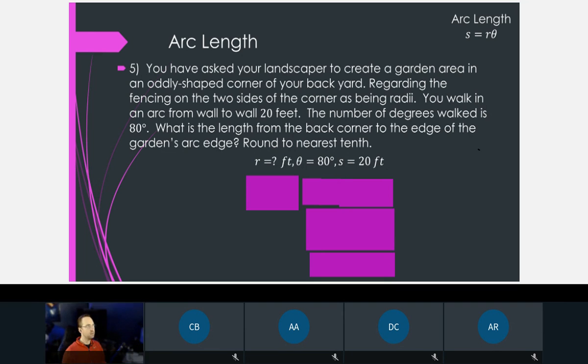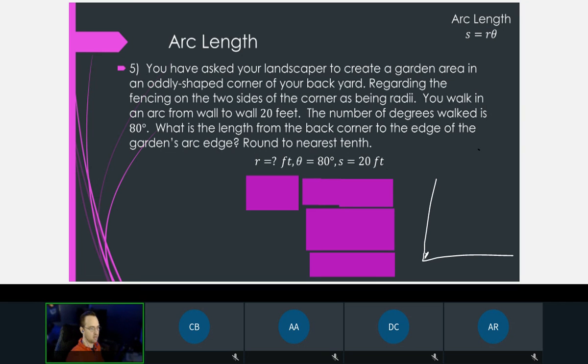So let me just kind of draw a picture. Maybe it'll be a sad picture. So let's say, here's a fence, and then here's another fence, and then you have this sprinkler head right in this corner, right?